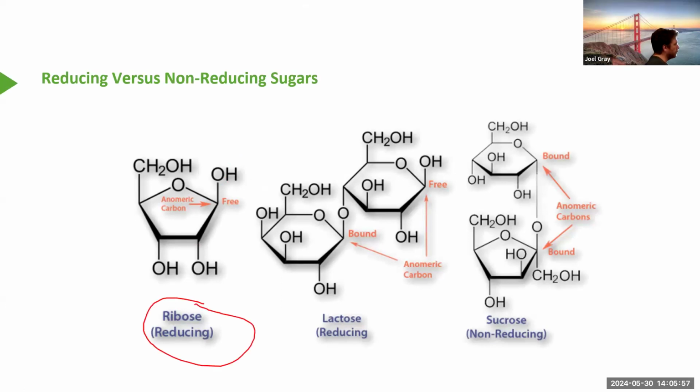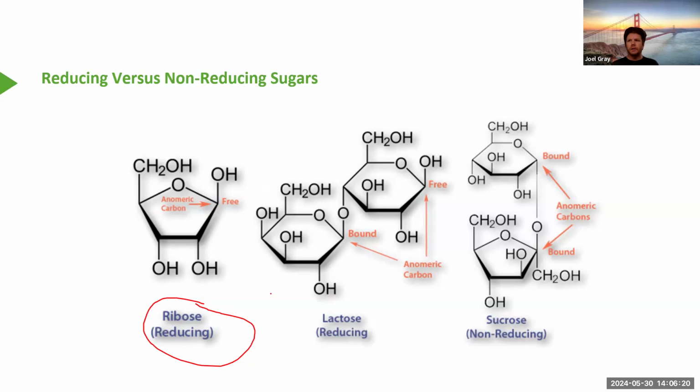Ribose, because it has a free anomeric carbon, is classified as a reducing sugar. So any sugar with at least one free anomeric carbon is going to be considered a reducing sugar. Monosaccharides that I can think of at the moment, all monosaccharides are reducing sugars.